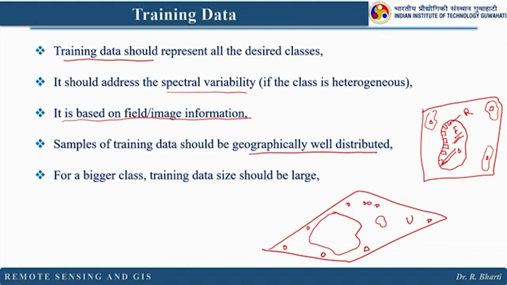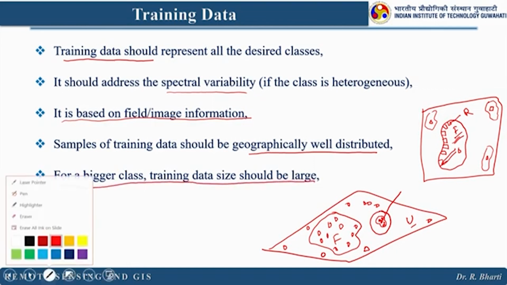No, because you have a water class also. You may have collected 5 pixels for water. For water, maybe this is a very small area, so 5 pixels is good enough. But in case of urban and forest, you may have to give a sufficient number of training pixels, right? Then only it will satisfy this criterion. For a bigger class, training data should be large.